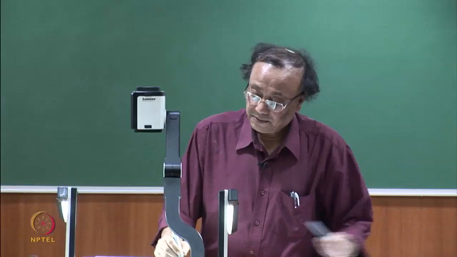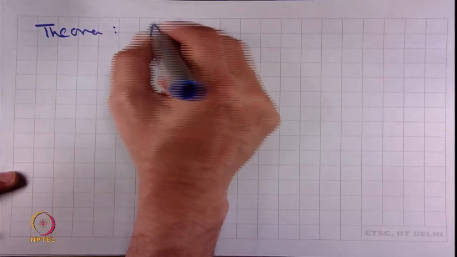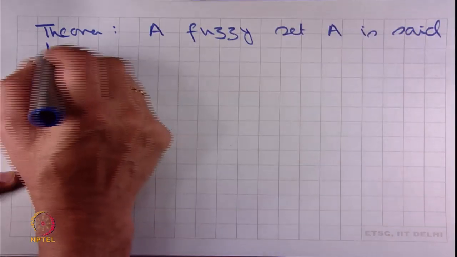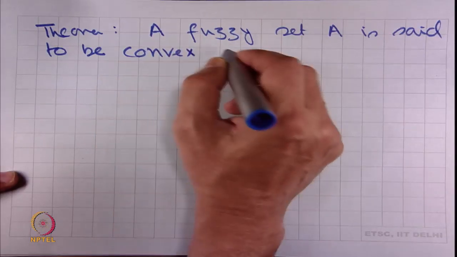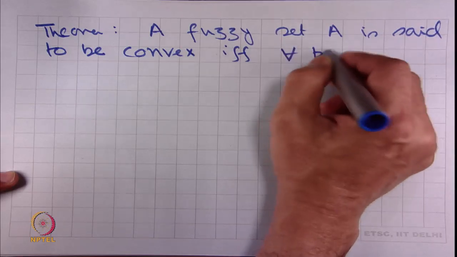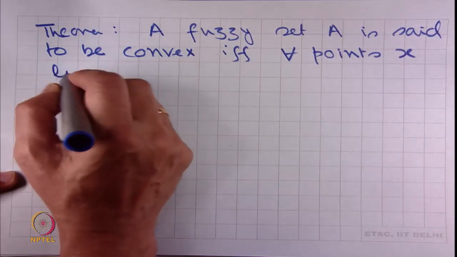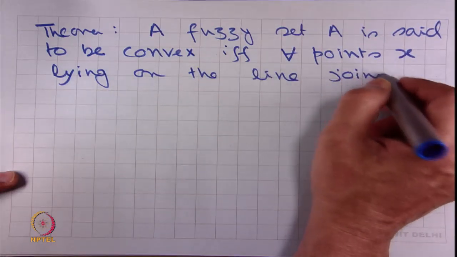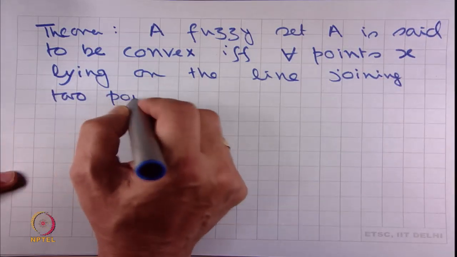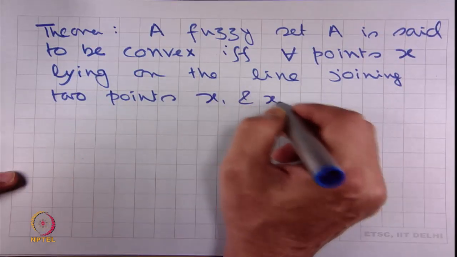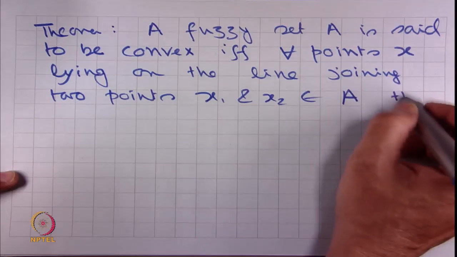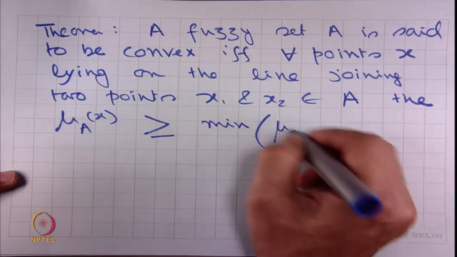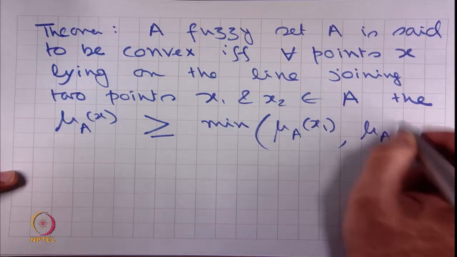And a fuzzy set A is said to be convex if and only if for all points x lying on the line joining 2 points x 1 and x 2 belonging to A, the mu A of x is greater than equal to minimum of mu A of x 1 and mu A of x 2.